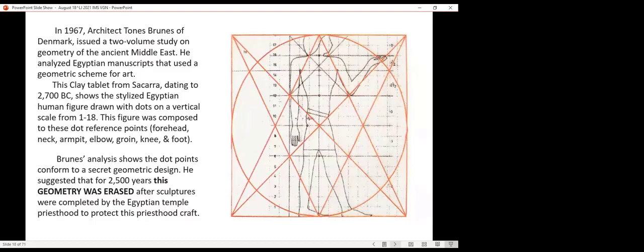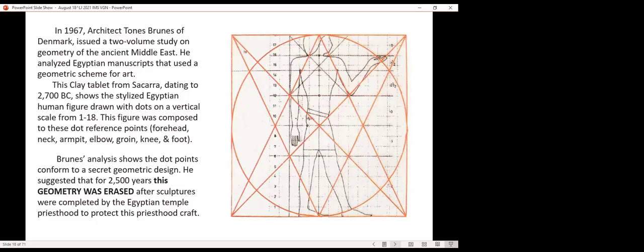In 1967, architect Tons Brunes of Denmark issued a two-volume study on geometry of the ancient Middle East. He analyzed Egyptian manuscripts that used a geometric scheme for art. This clay tablet from Saqqara, dated to 2700 BC, is believed to be the first illustration that documents the system.